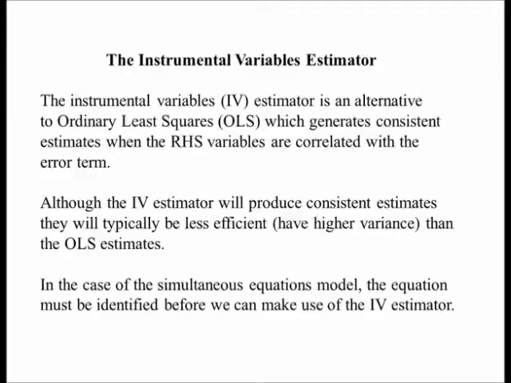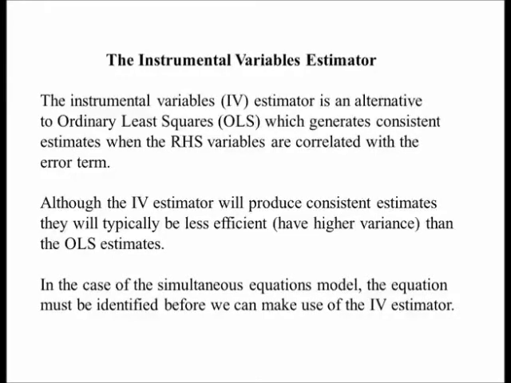Now, before we get into the details of the estimator itself, one thing to note is that although the instrumental variable, or IV estimator as we'll say for short, produces consistent estimates, they will typically be less efficient than the OLS estimates. And by less efficient, I mean that they will have a higher variance.